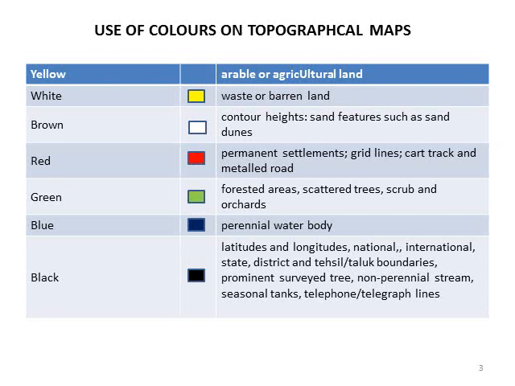I have added the picture of the table there. These colors in the map show the whole topographical features. For example, in the table here, you can see yellow, white, brown, red, green, blue, black.